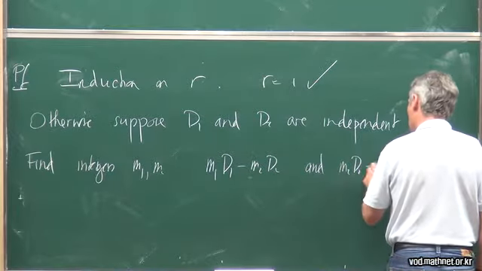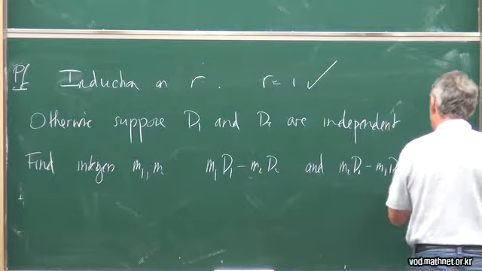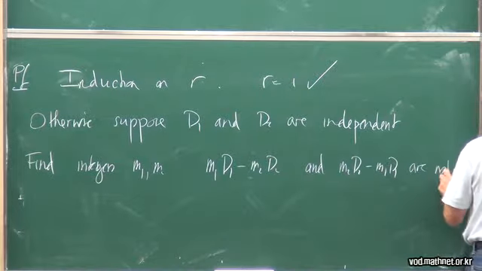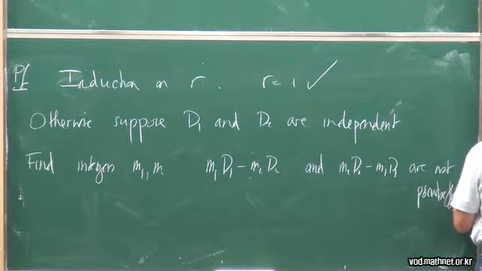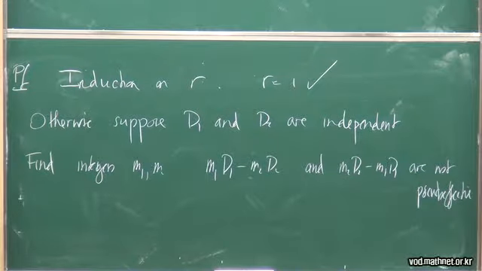m2 D2 minus m1 D1 are not pseudo-effective. So both the divisor and its negative are not pseudo-effective. And from that, you construct a P1 bundle.